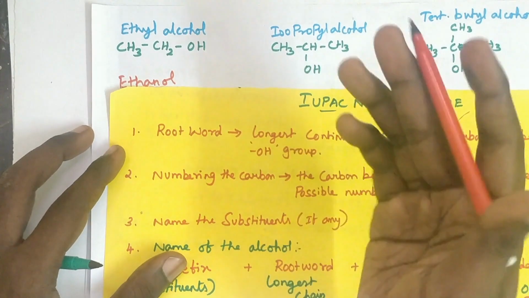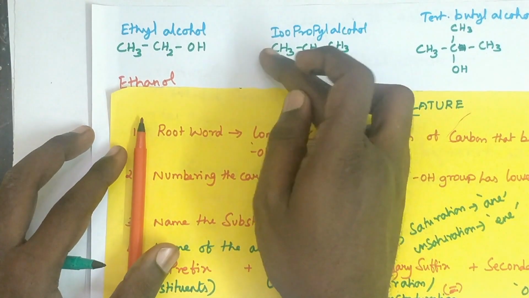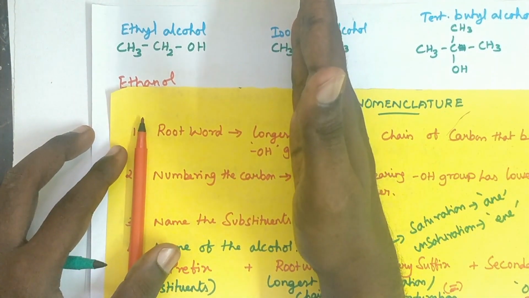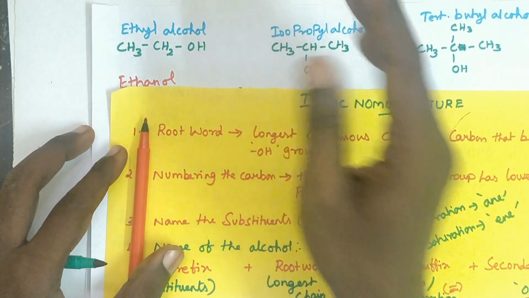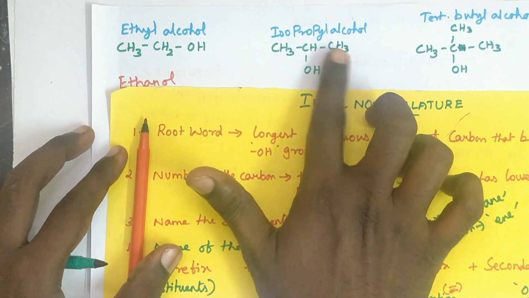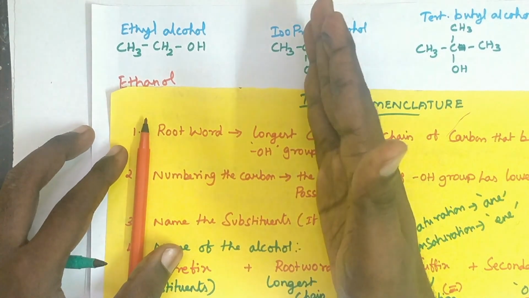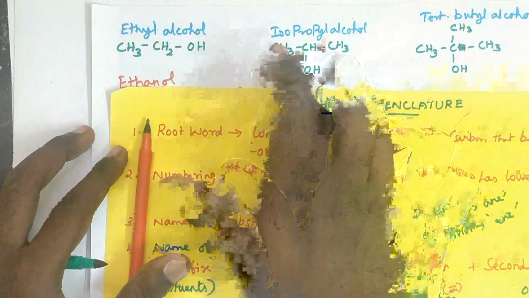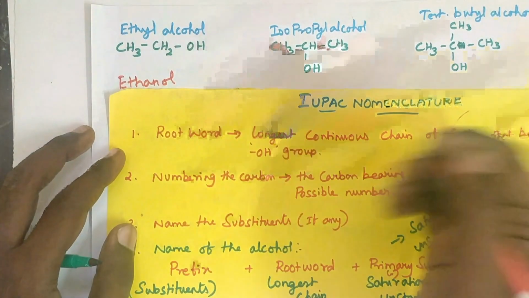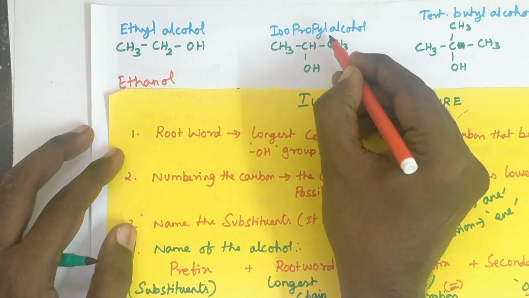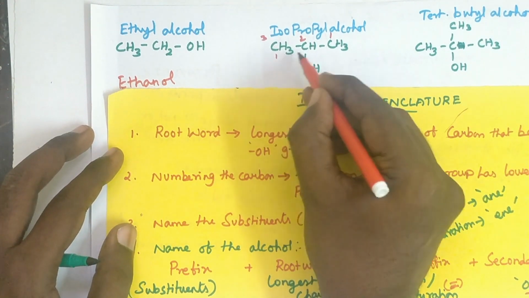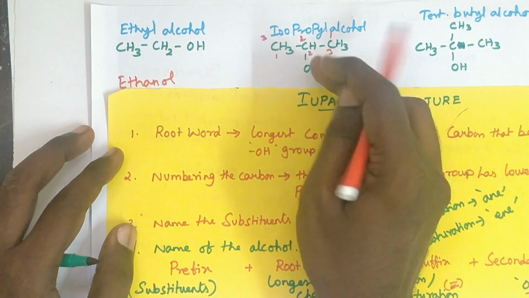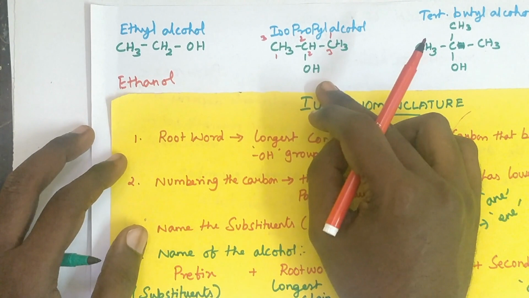So you have to see, divide at the functional group, see left hand side, right hand side, which side contains the least carbon. But in this compound, when you divide, you see both the carbon atoms are the same, because left hand side 1 carbon, right hand side also 1 carbon. So numbering from either side should be the same, 1, 2, 3, or you number from this side 1, 2, 3. So the OH number should be 2.